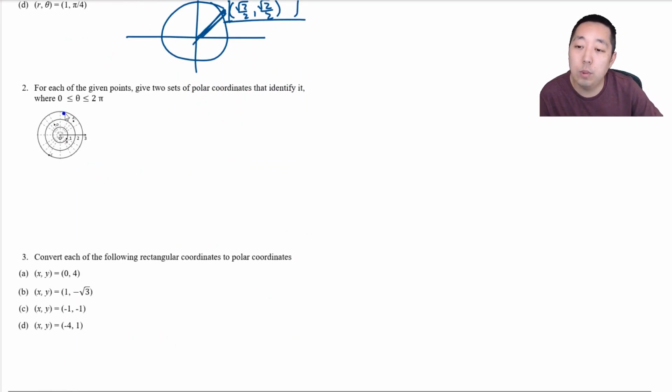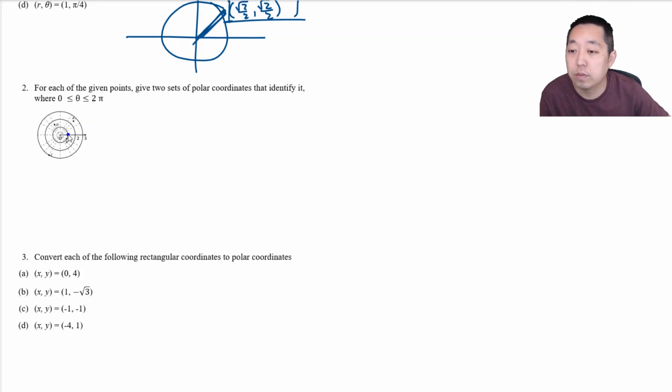Now, for each given point, give 2 sets of polar coordinates, then identify it. Let's look at point A. It looks like radius 2.5, and the theta would be pi over 4, right?